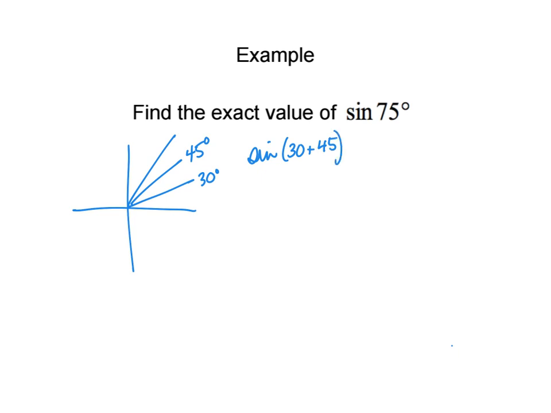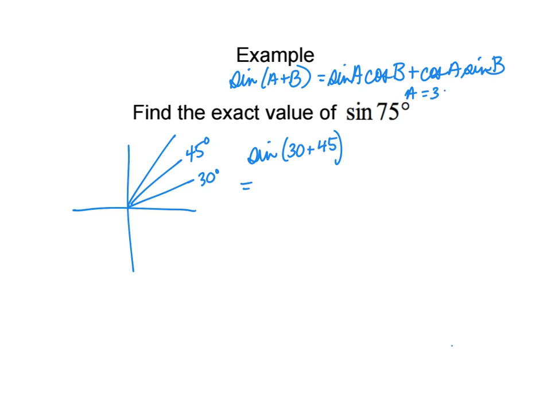Now remember your sum identity for sine. Sinbad is with Cosette. Their signs are the same. Then I'm just going to let A be 30 and B be 45.